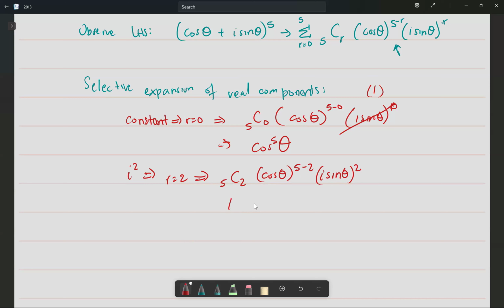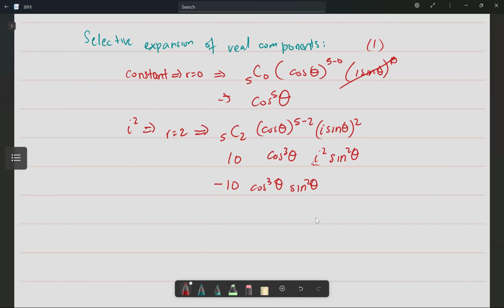This would give us 10. This part is cosine to the third theta. This is I squared sine squared theta. I squared is negative, so this is negative 10 cosine cube theta sine squared theta.